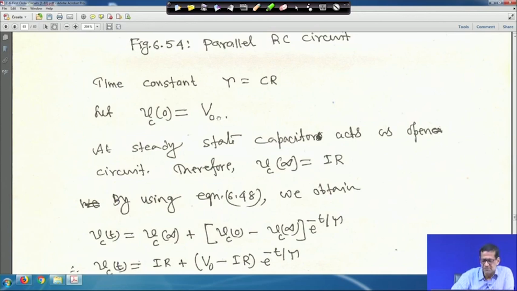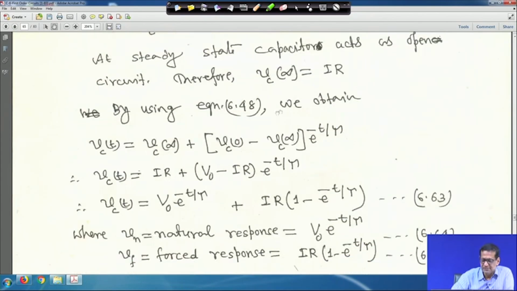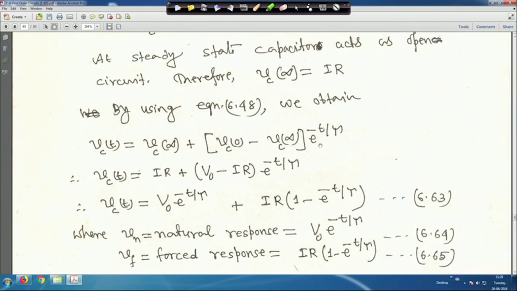And at steady state V c infinity is equal to I R. We know from equation 48 that V c t is equal to V c infinity plus V c 0 minus V c infinity times e to the power minus t by tau.